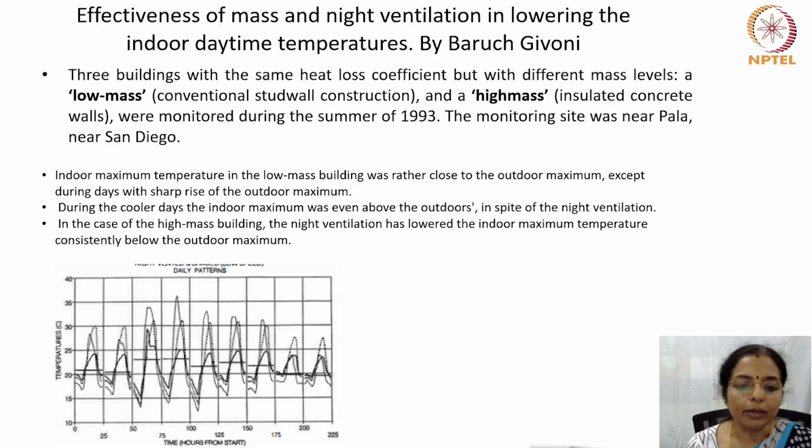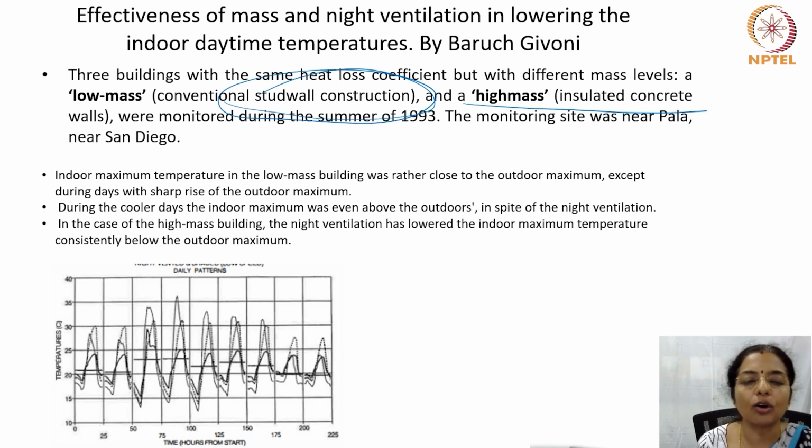Another study on the effectiveness of mass and night ventilation in lowering the indoor daytime temperature was done by Baruch Givoni. He took three buildings with the same heat loss coefficient but with different mass levels. We will look only at a low mass building, which was primarily conventional stud wall construction used in that place, and a high mass building, which is an insulated concrete wall.